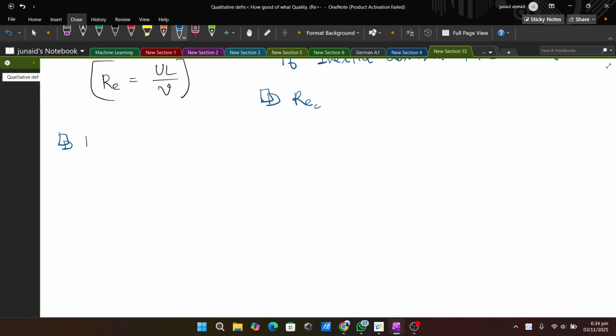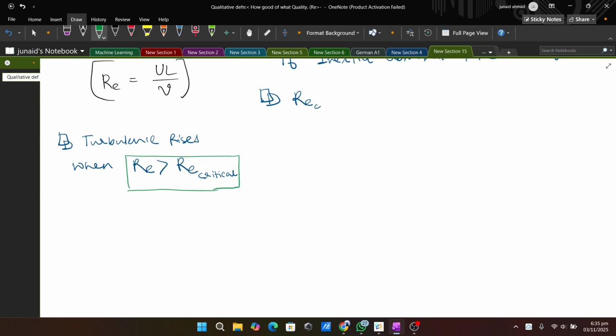Turbulence arises when the value of the Reynolds number is greater than the critical Reynolds number. So we have taken note of this condition.